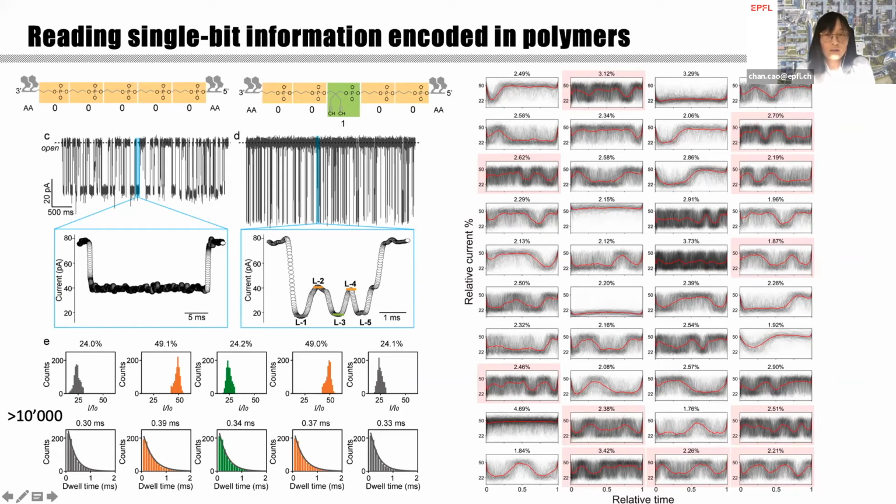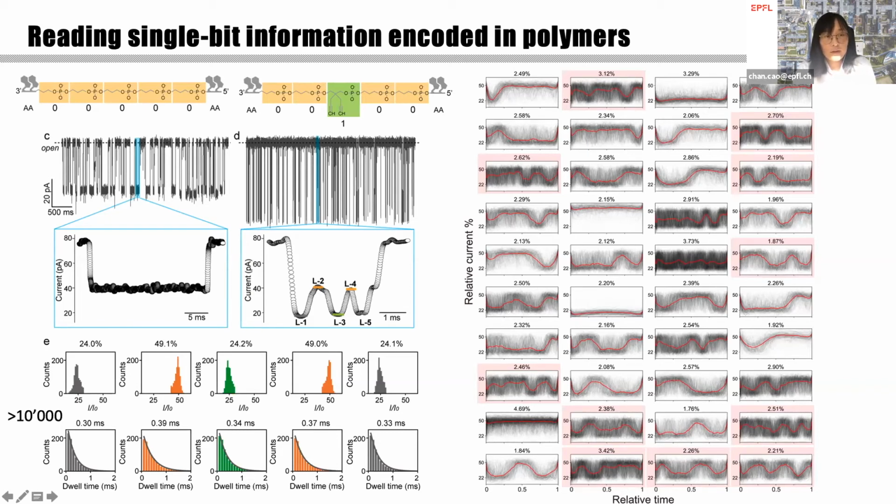To understand the relationship between the polymer chemical structure and the current levels we observed, we collected more than 10,000 events for statistical analysis. The relative current was fitted by a Gaussian distribution and shows 5 distinct levels, while the dwell time was fitted by an exponential function.